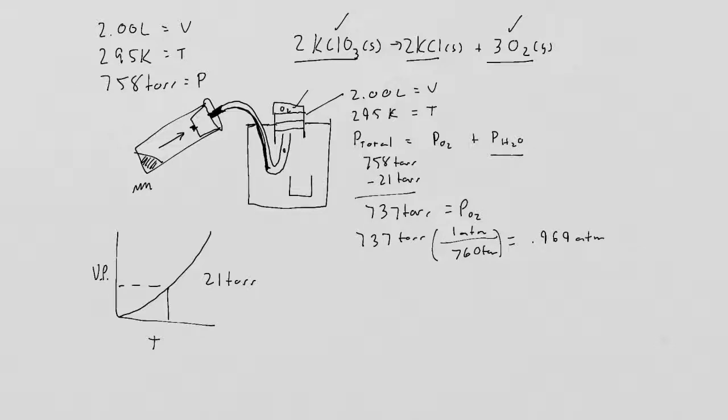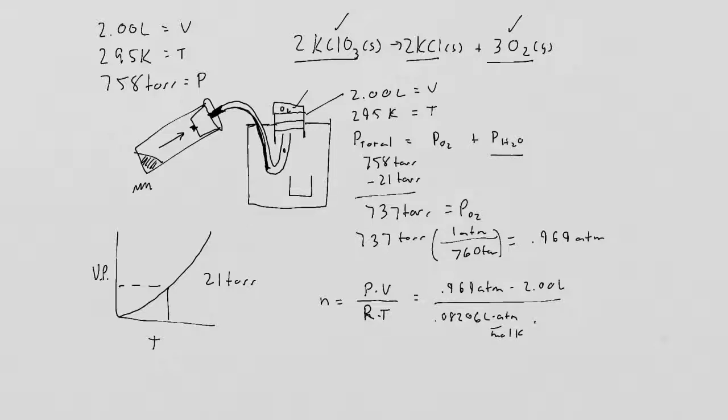And now we can just plug that into PV = nRT. I'm going to reorganize it here, so I'll have n equals PV over RT. I've just moved RT so that n is by itself now. So let's put our values in here. We get 0.969 atm times our volume, which is 2.00 liters, over the R value, which is 0.08206 liters times atmosphere per mole Kelvin.